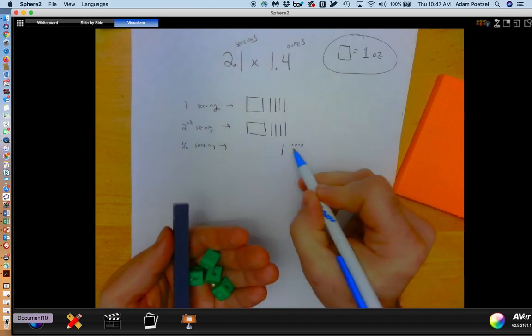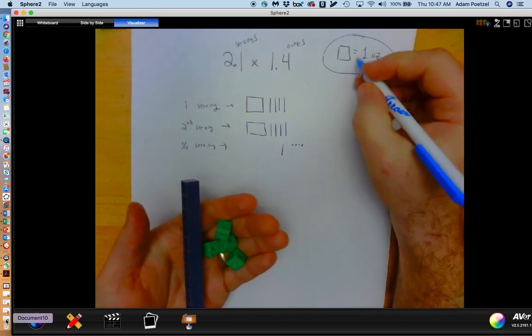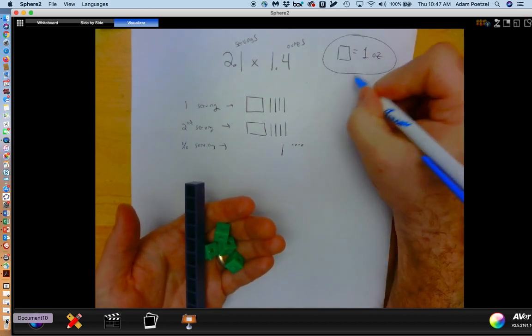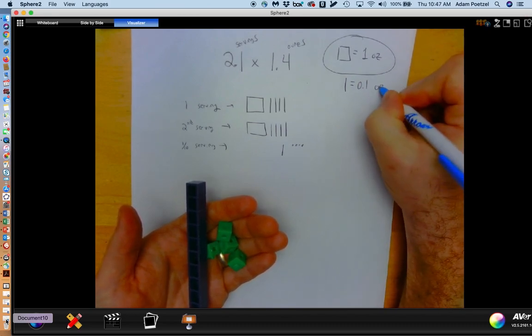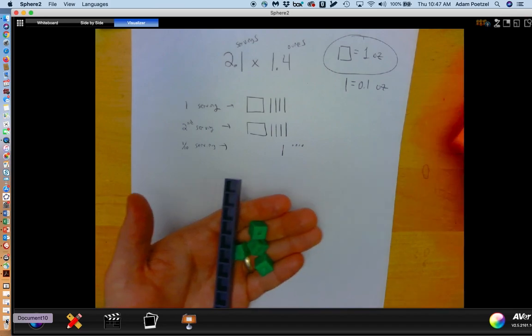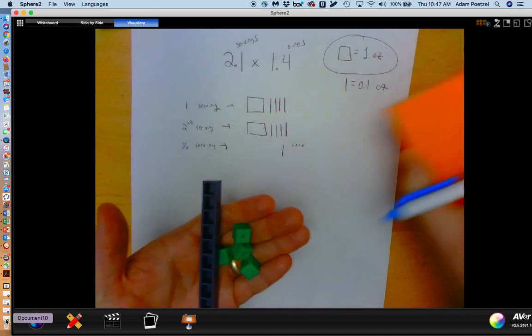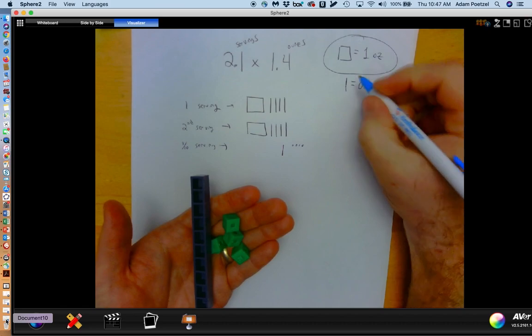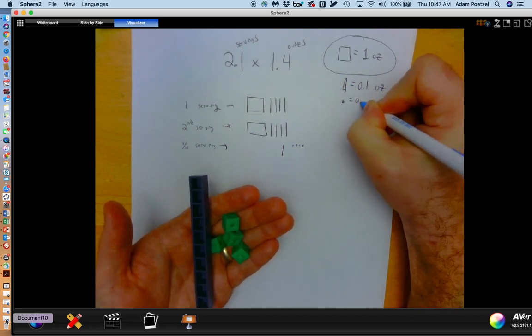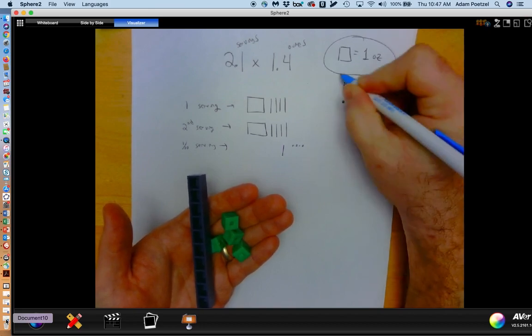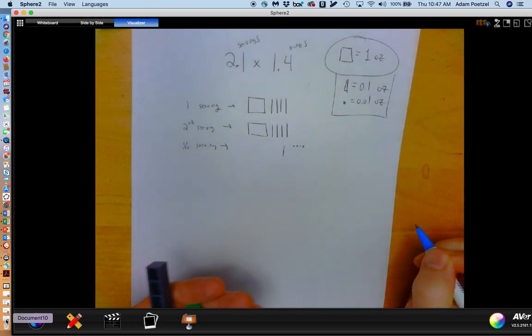Now, what are these pieces here? It's good to make a key. In your problem set this week, if you're doing this, make a key. So if that's 1 ounce, then in my drawing, that would be 1/10 of an ounce. So what are these little pieces here? Well, those were actually 1/100th of our ounce, right? So those little ones are 1/100th of an ounce, and now we have a full key for our drawing.